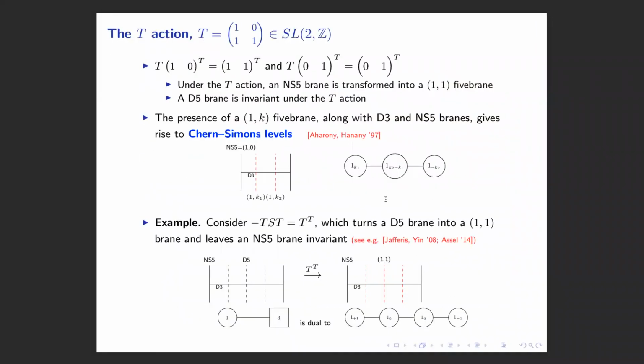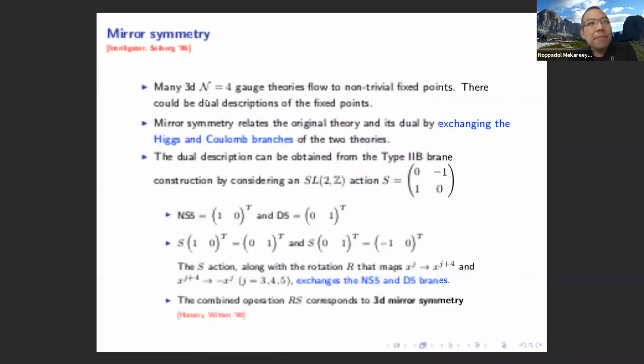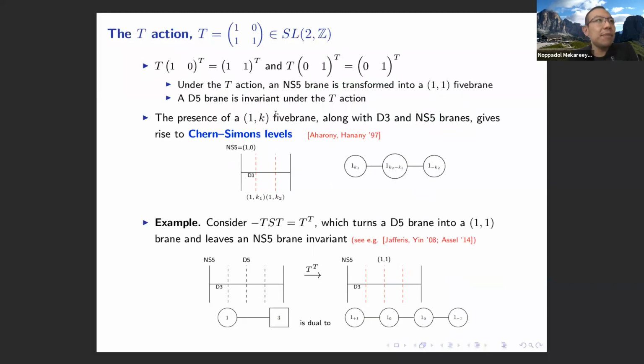Okay. So now the T action. I described the S action, which is identified as mirror symmetry. There is another generator of SL(2,Z), the T action, under which an NS5 brane transforms into a (1,1) 5-brane, and the D5 brane is invariant under this T action. If you have a (1,k) 5-brane along with a D5 and an NS5, it gives rise to a Chern-Simons level.